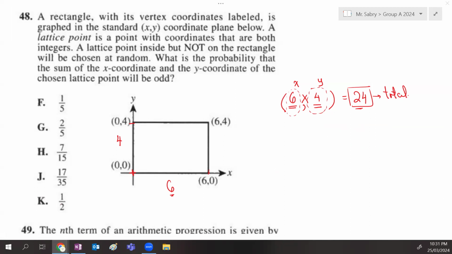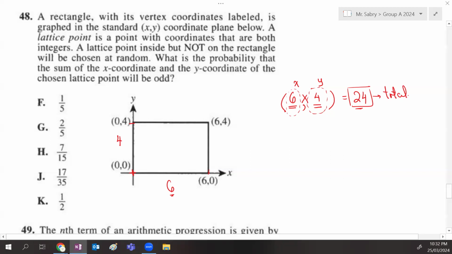Let me confirm. No, it's not. Oh, I made a huge mistake. The lattice point should be inside the rectangle, not on it, and will be chosen at random. So I'm not supposed to pick from the points on the rectangle itself.